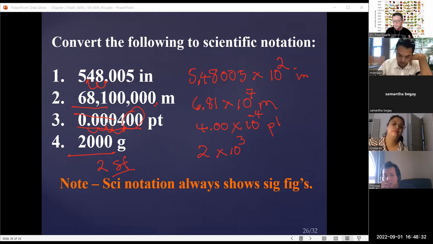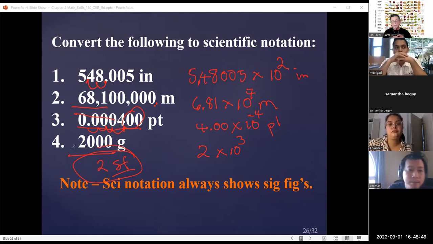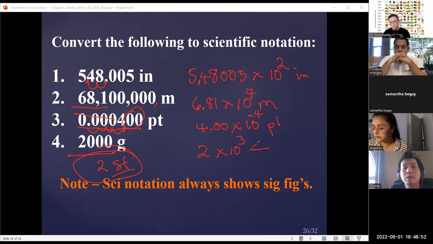I can't put a decimal point in there. Why? Because then if I put a decimal point in the 2000, now the 3 zeros count, and now I'm at 4 sig figs. Okay. And this is an example of what I mean by putting it in scientific notation, because there's no ambiguity there. So this is the number with 1 sig fig, 2000.